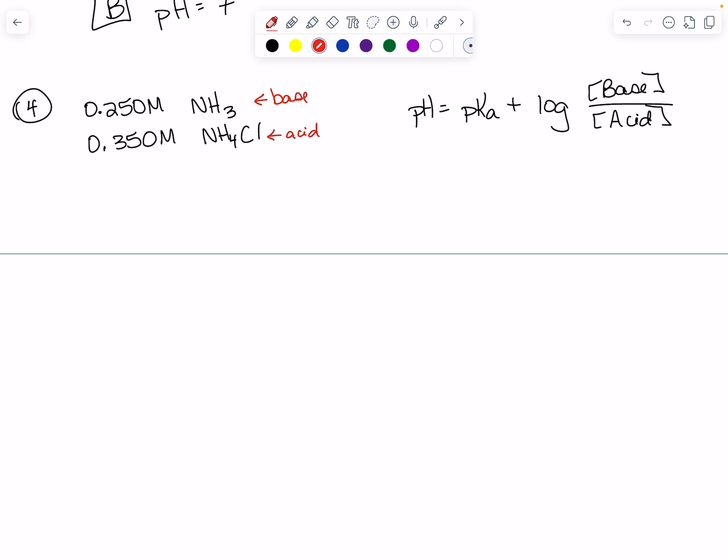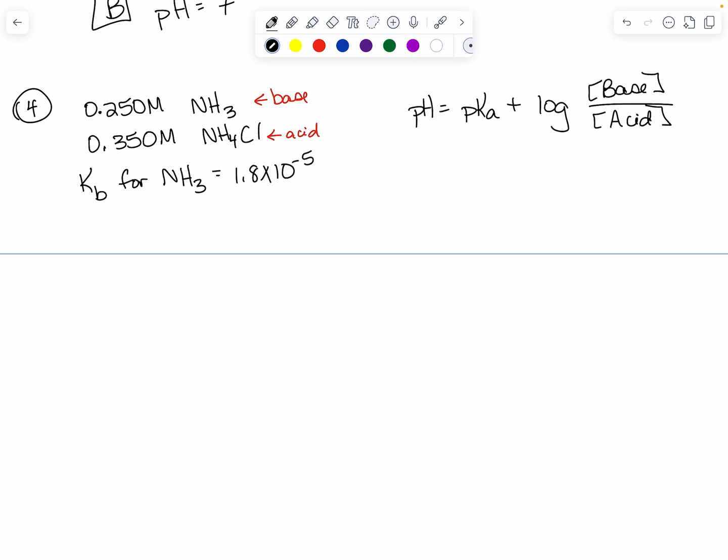Okay, in the formula, you need a pKa. Y'all know we covered it already here. pKa is the negative log of the Ka. Well, you can't find a Ka for ammonium, so you're going to have to look up the Kb for ammonia on your ice table. The Kb is 1.8 times 10 to the minus 5.